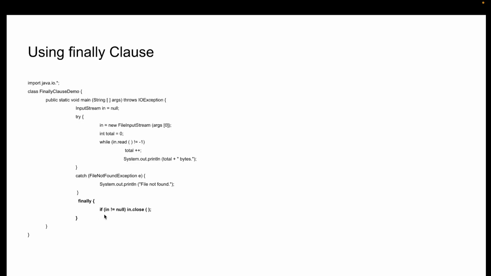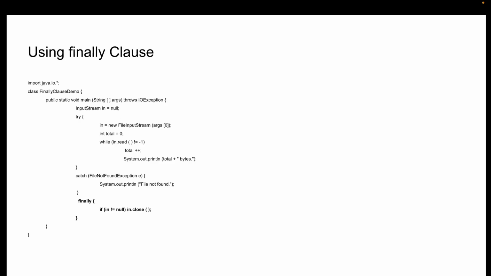The finally block is mainly used for closing database connections, closing the streams, closing the files. This is mainly the usage of the finally block, and it definitely gets called. Even if the exception was caught or handled in the catch block, your finally block will definitely be called.